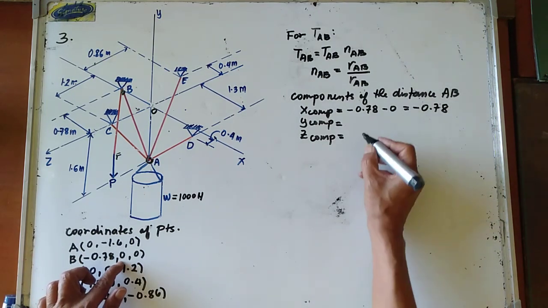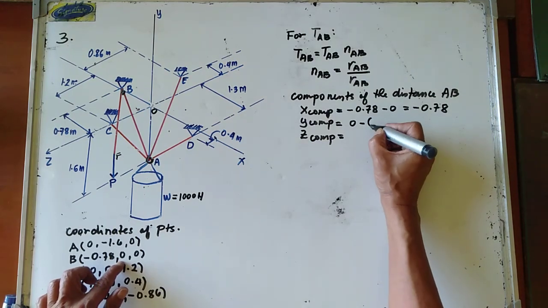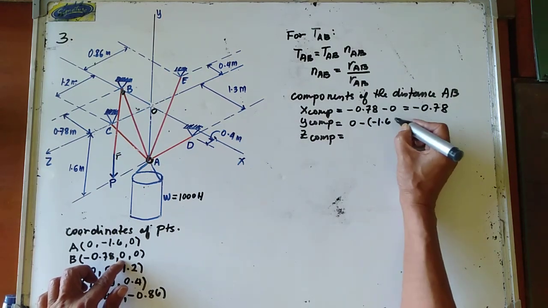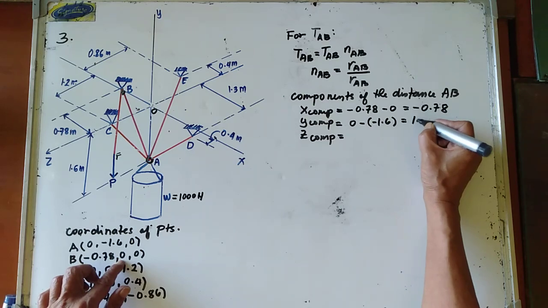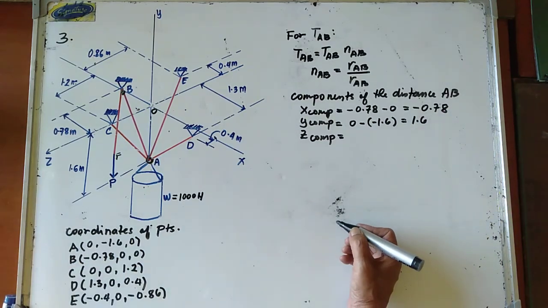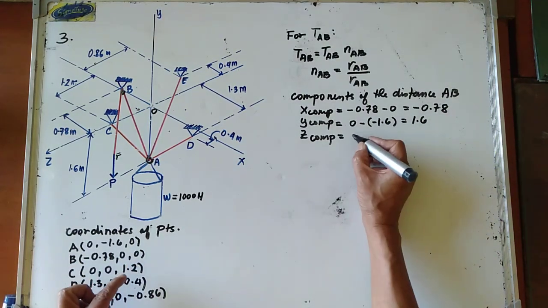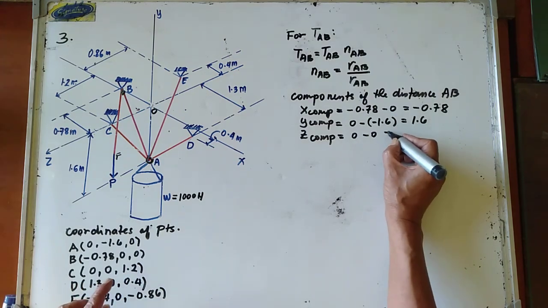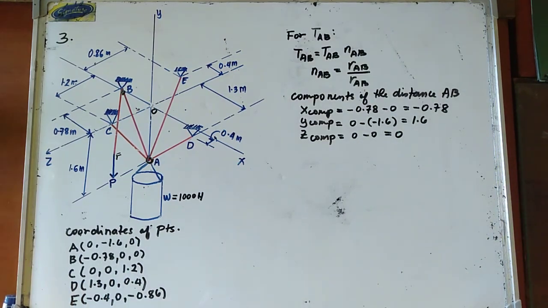And then we have 0 minus and minus 1.6, so that is positive 1.6. And then 0 and 0, so that is equal to 0.